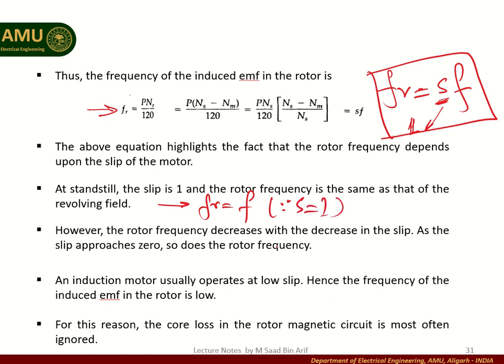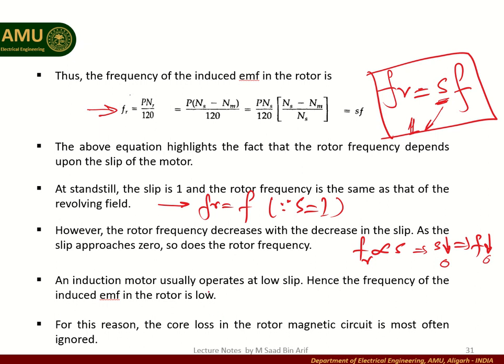The rotor frequency decreases with the decrease in slip. If the slip decreases, Fr decreases. As the slip reaches 0, frequency also reaches 0.